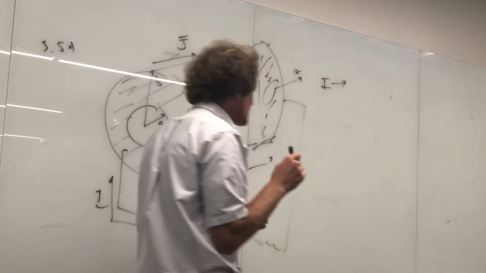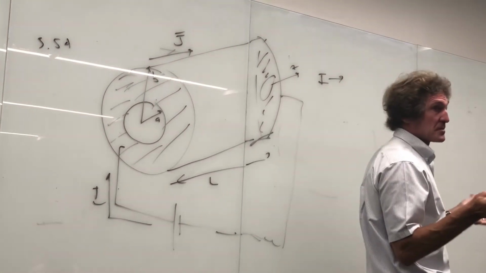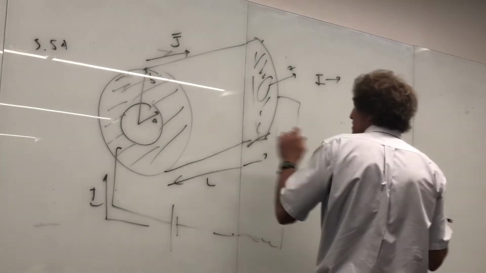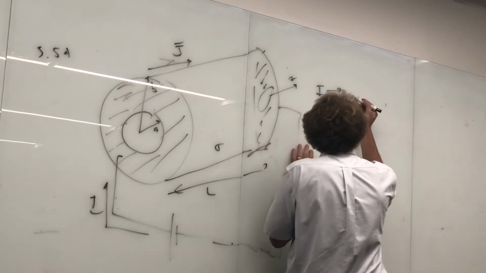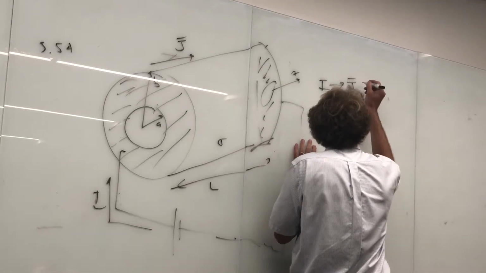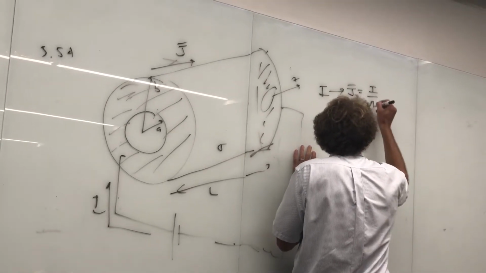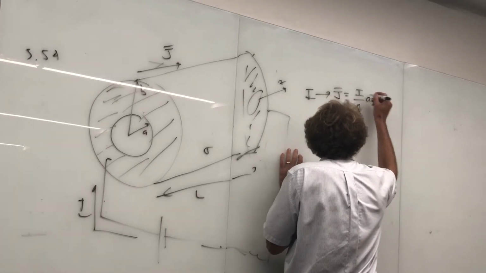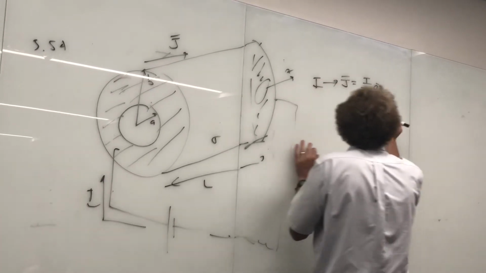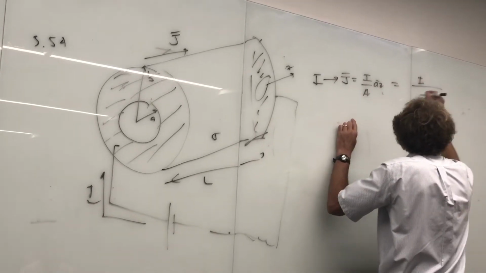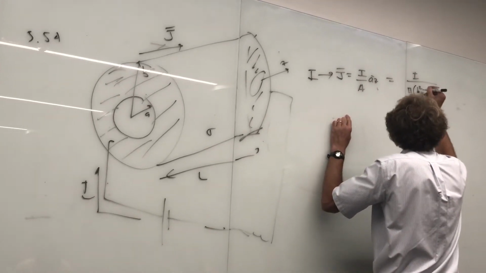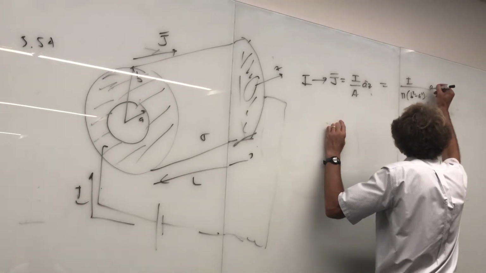And we're assuming the current density is uniform because there's no reason not to. We're assuming a certain conductivity in here, a certain sigma. So that means now we're going to get J, and J is going to be equal to I over the cross-sectional area in the AZ direction. Well, I is a constant. The cross-sectional area would be pi times B squared minus A squared in the AZ direction.